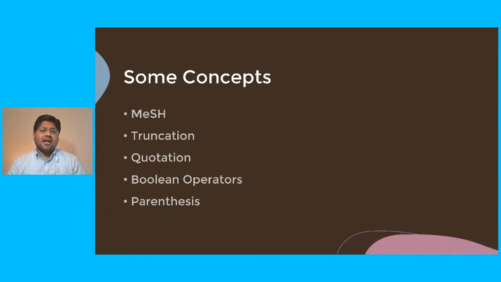Quotation marks will help you to combine different words into one concept. For example, if you search diabetes mellitus without quotation marks, it is going to read diabetes as a separate concept and mellitus as a separate concept. But if you put quotation marks, then it is going to combine them together.